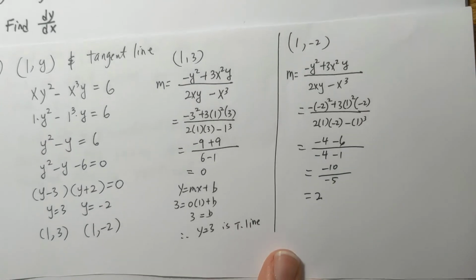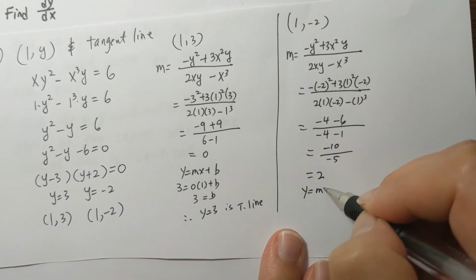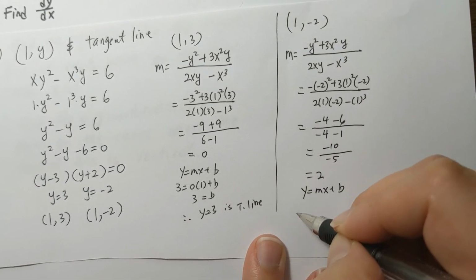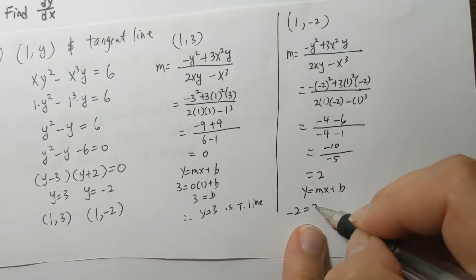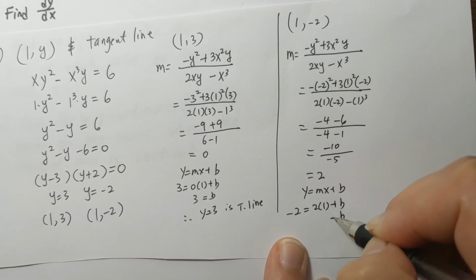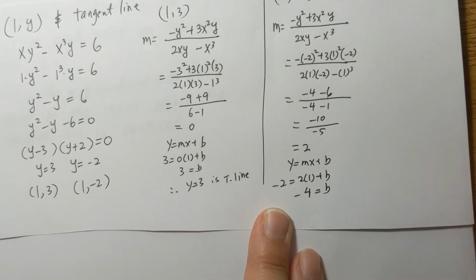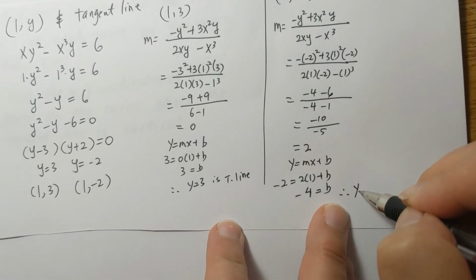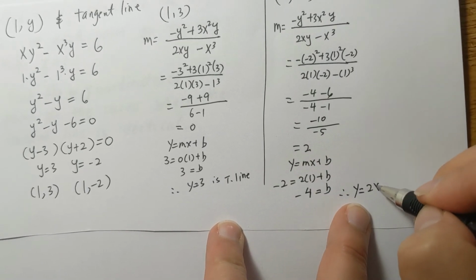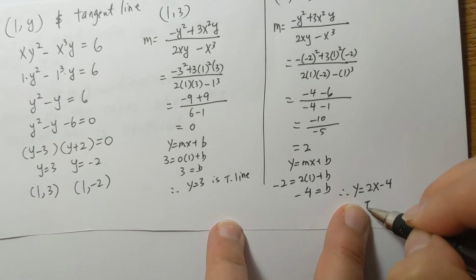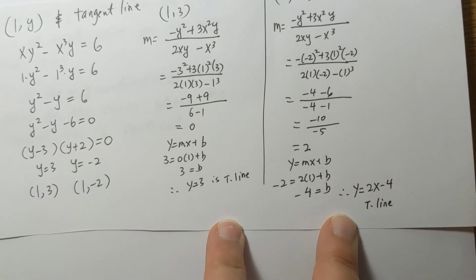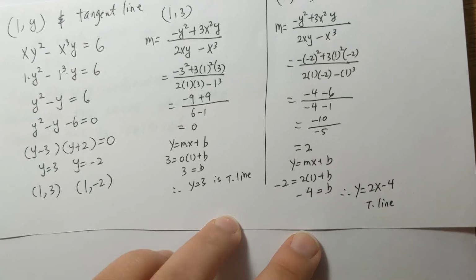So we got m equals 2. So we got b equals negative 4. So therefore the line is y equals 2x minus 4. So we finished part B.